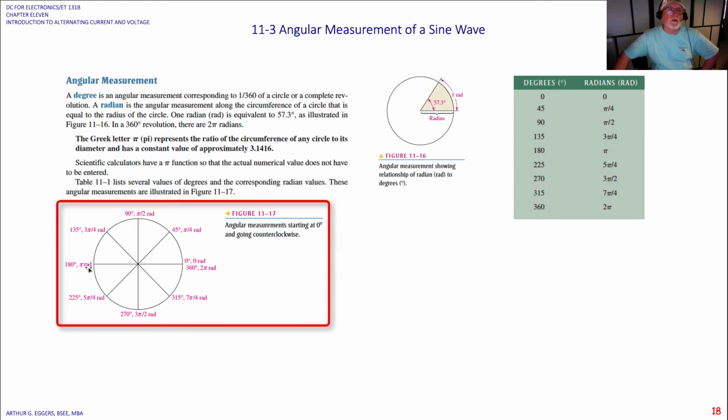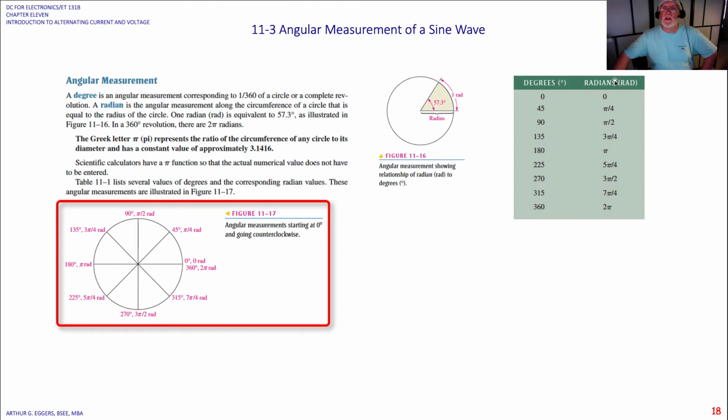From pi over 2 to pi, cut that in half, we have 3 pi over 4. Go to 3 pi over 2 and cut that in half, we have 5 pi over 4. And then back to 2 pi, we have half of that, 7 pi over 4. So these are common radian measures around the unit circle.